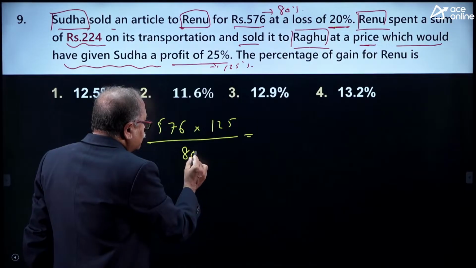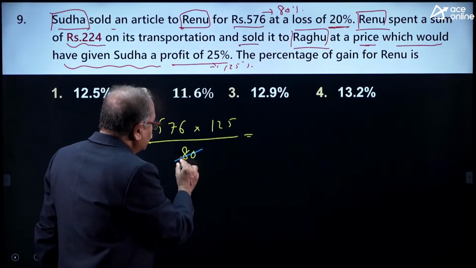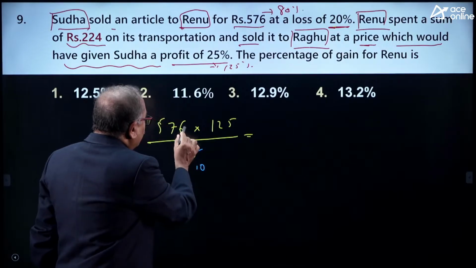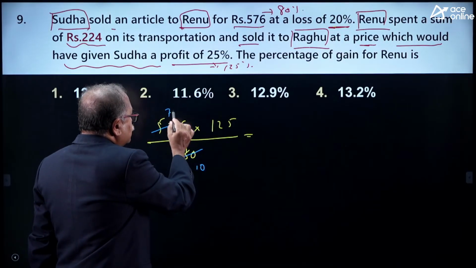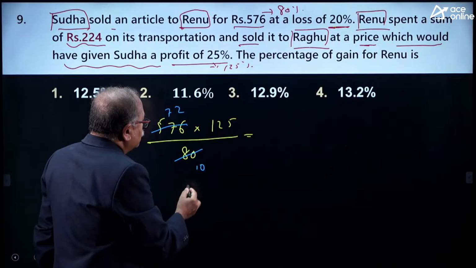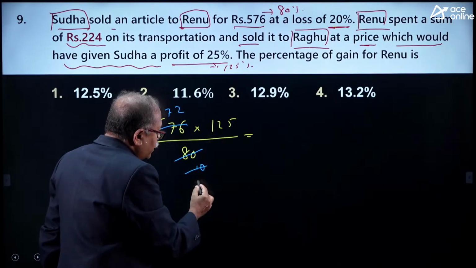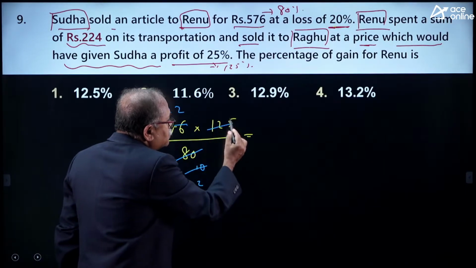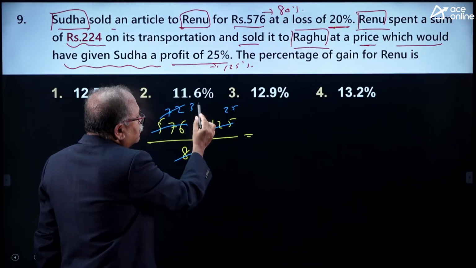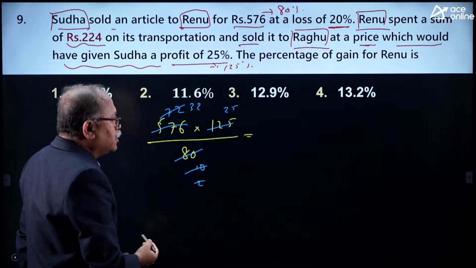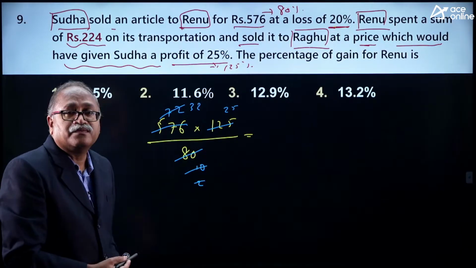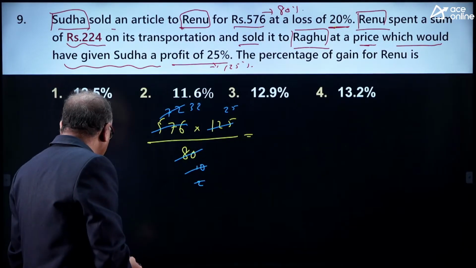Now, we will check what happens over here. This is getting cancelled with 10 times, and with 8, 7 is 56, and this is 2 times. I can cancel this with 5, this is 2 times, and this is 25 times. With 2, this gets cancelled, 32 times, 32 into 25, that comes how much?